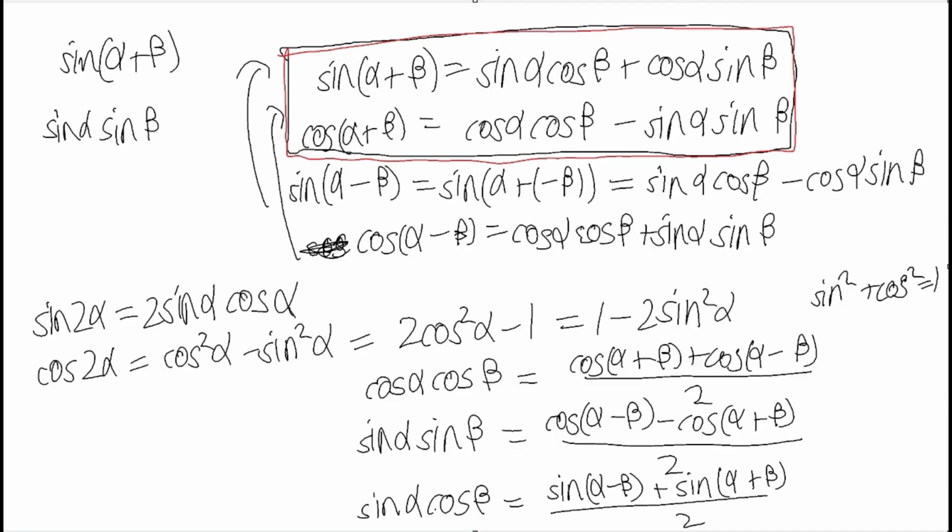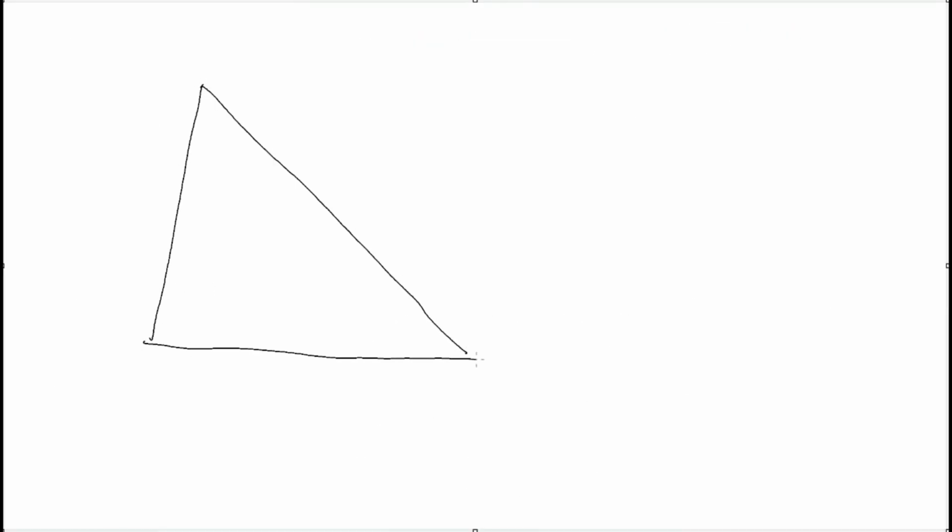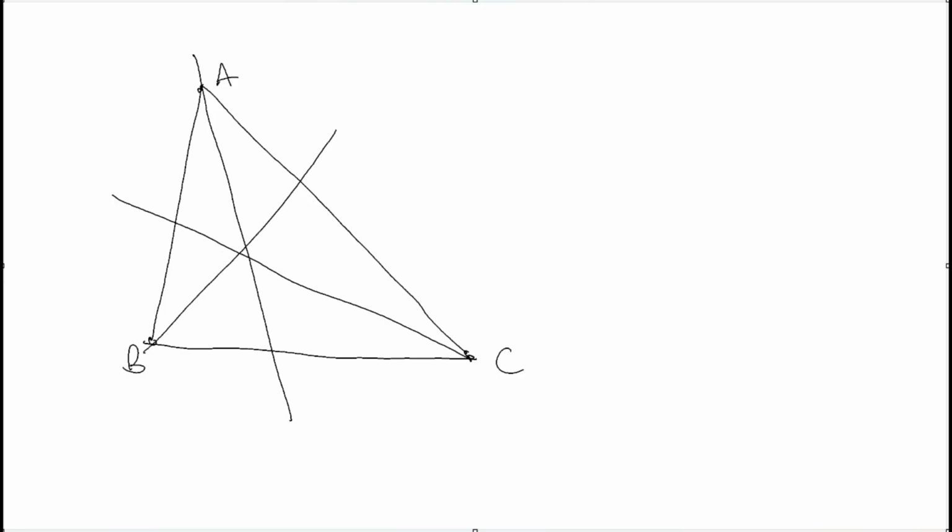All right, so now that we've reviewed trig, we can now move on to equations involving pure lengths. So a question in geometry that we usually have to ask is, whenever we have a triangle ABC and we have 3 lines through the vertices, when exactly are these lines concurrent? Can we figure out a way to classify when they are concurrent?